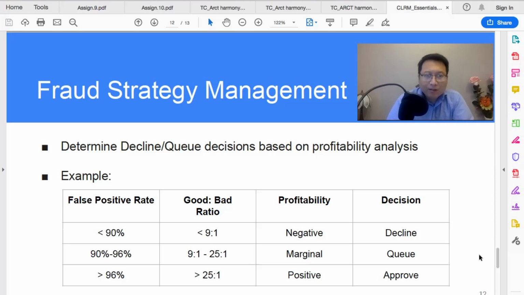The next tier is a false positive rate between 90% and 96%, a good bad ratio between 9 to 1 and 25 to 1. So it could be that for every 25 good accounts, you have at least one bad account. Through calculation, you know the profitability is marginal. You earn some money, but not a whole lot. In this case, for customer experience purposes, you can still approve them.